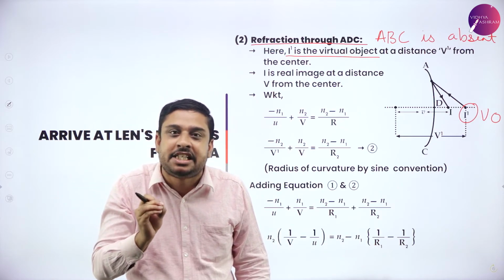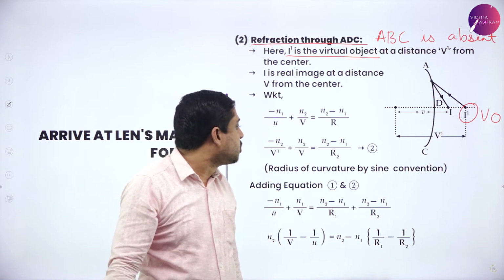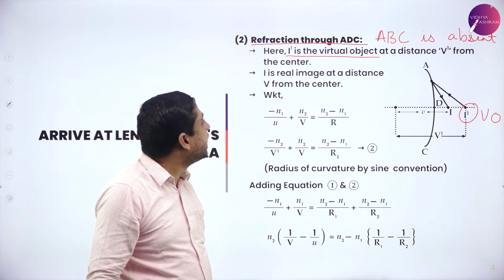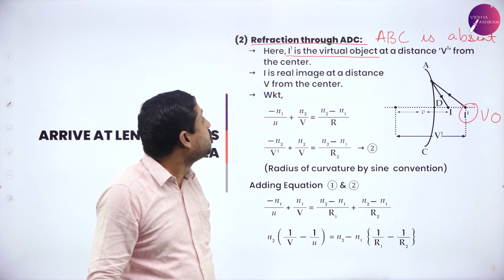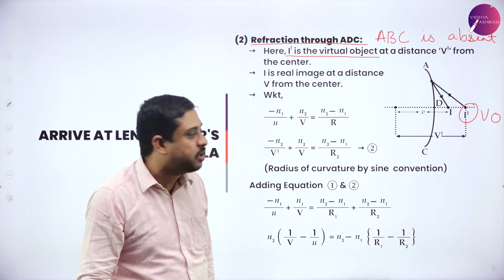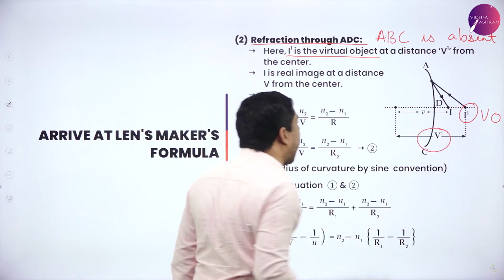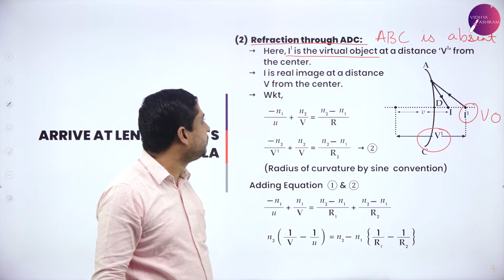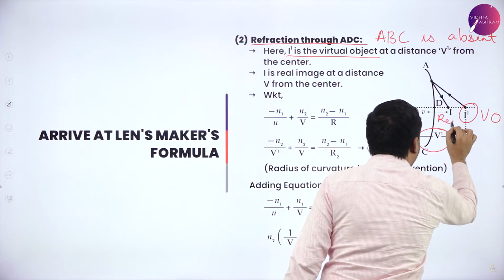Formation of image needs an object. So I am considering I dash as virtual object which is at a distance V dash from the center. And I is the real image.